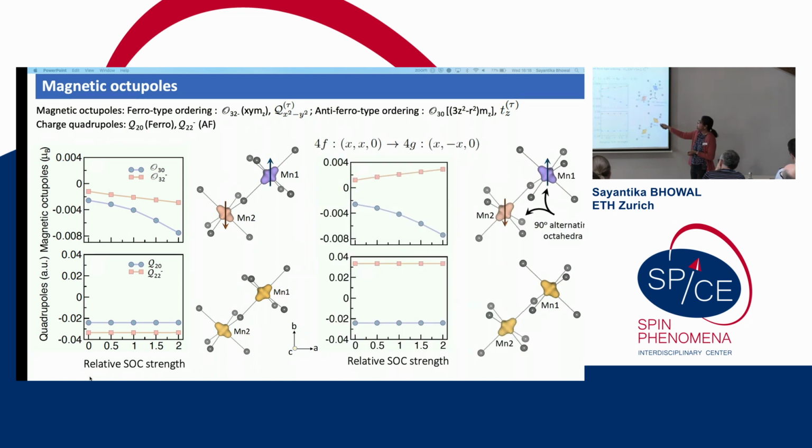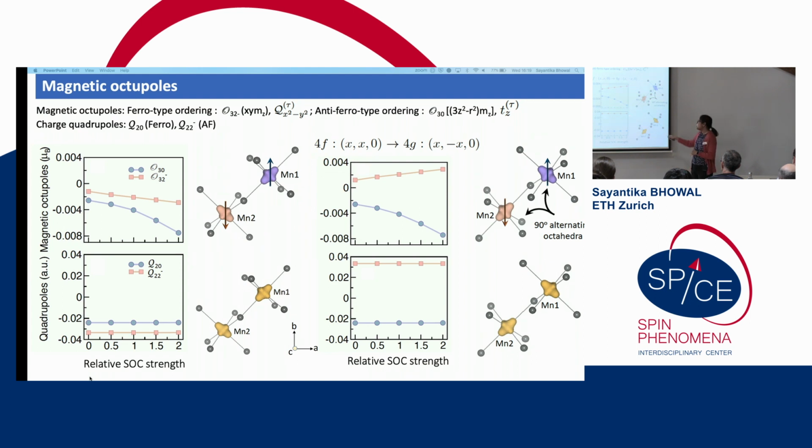And with this idea, we modify the coordinate of the fluorine ions in the unit cell, keeping the crystal symmetry still the same. And indeed, this switches the sign of this Q22 minus quadrupole moment. This is also evident from this charge density plot. And accordingly, we see that the sign of the O32 minus octupole moment also switches. This also becomes evident from the corresponding magnetization density plot.